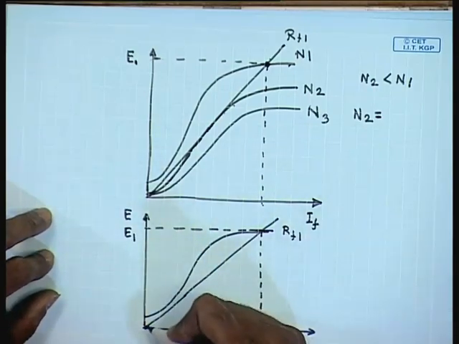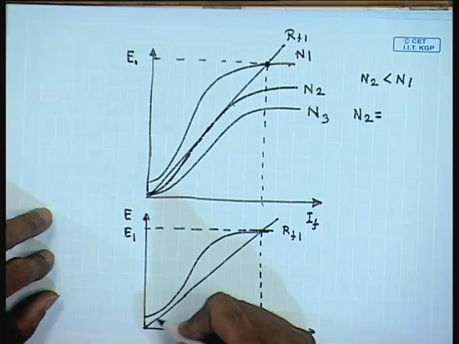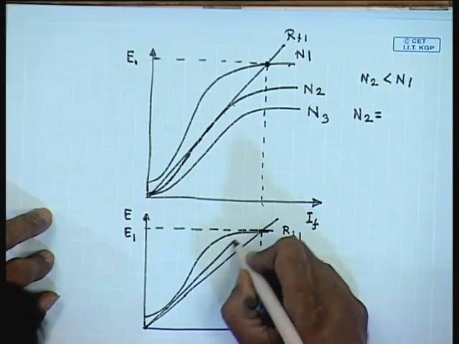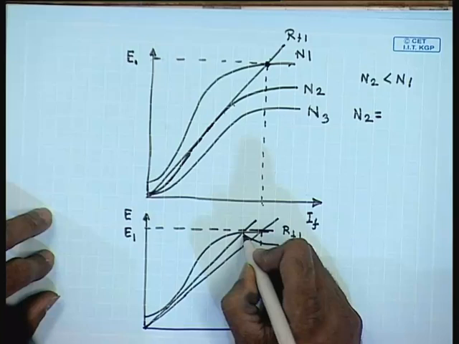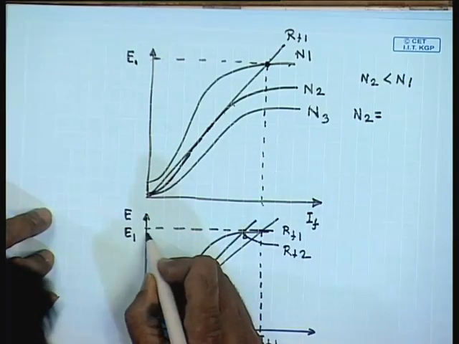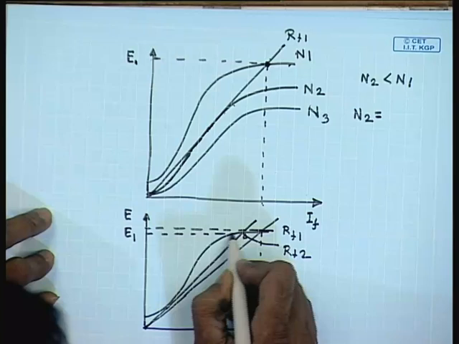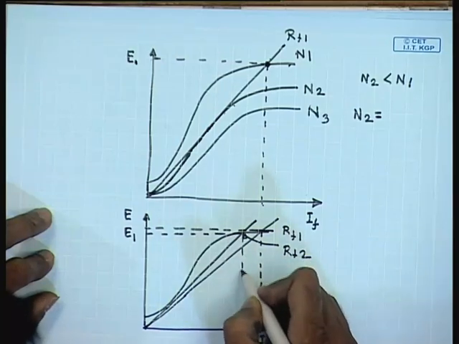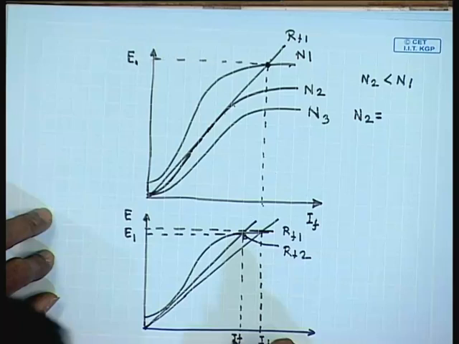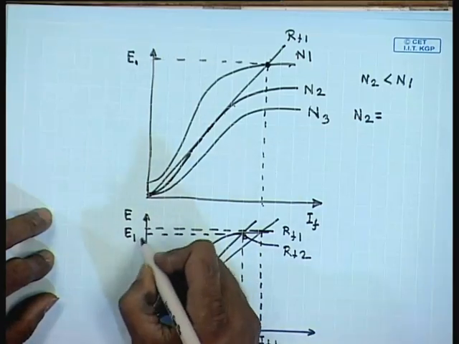If the field circuit resistance is increased to a value of Rf2, the no load voltage as well as the field current required reduces to If2.